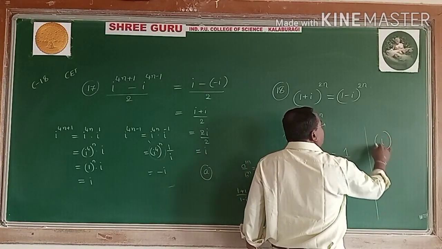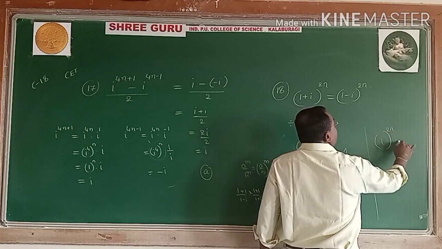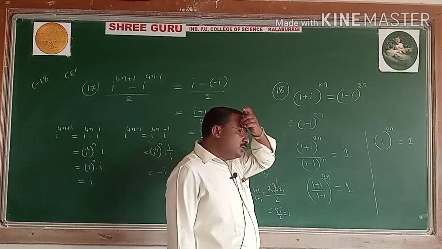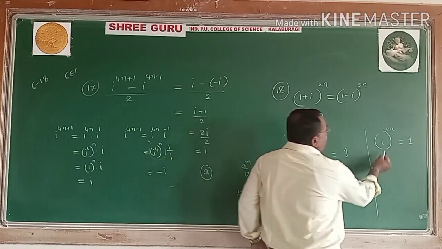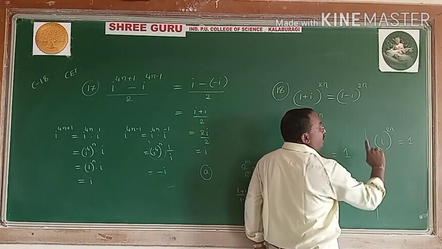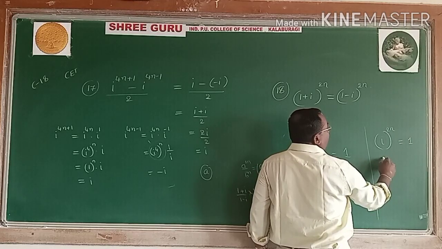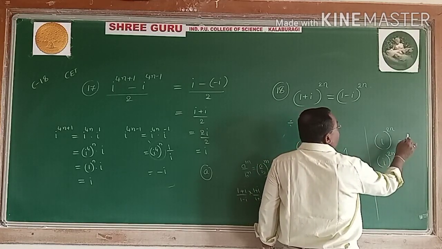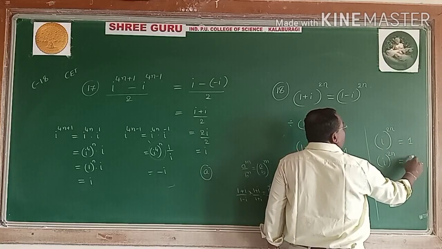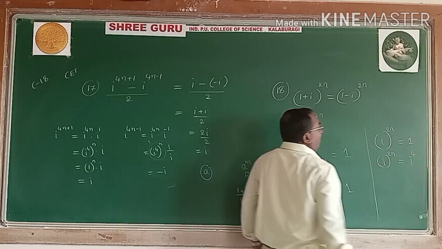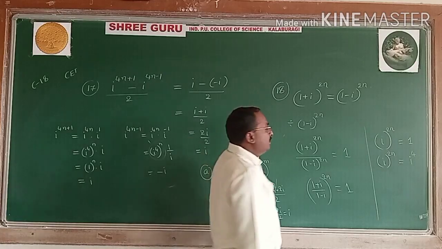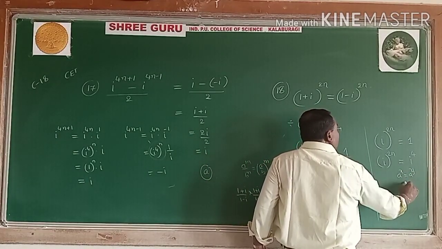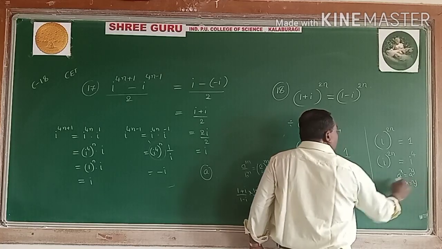Here i power 2n is equal to 1. This side is complex, that side is real, so convert to complex. Here i power 2n is equal to 1, and 1 can be written as i power 4. i power 4 is 1. With the same base, a power x is equal to a power y means x is equal to y.